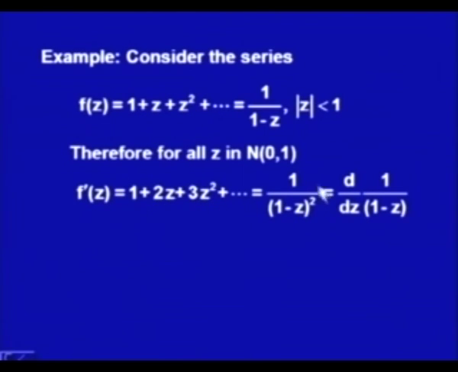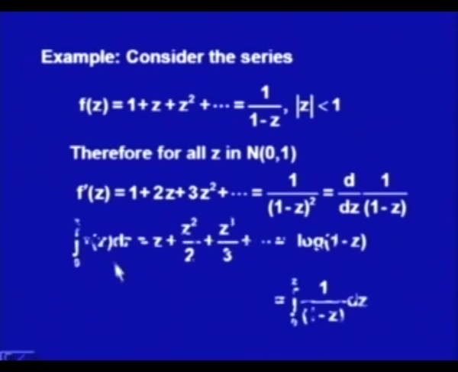We know that this series is nothing but 1 upon 1 minus z whole square, which is d by dz of 1 upon 1 minus z. So, the series being uniformly convergent, when we differentiate term by term, the sum is the derivative of 1 upon 1 minus z. This establishes term by term differentiation of a uniformly convergent series.